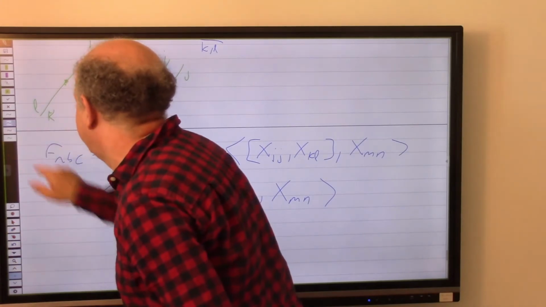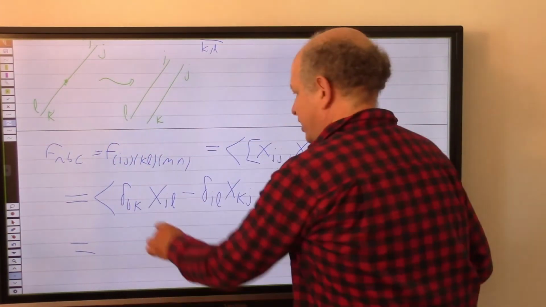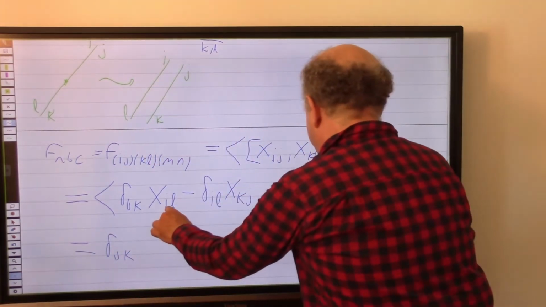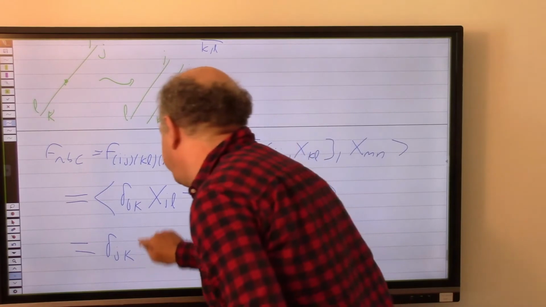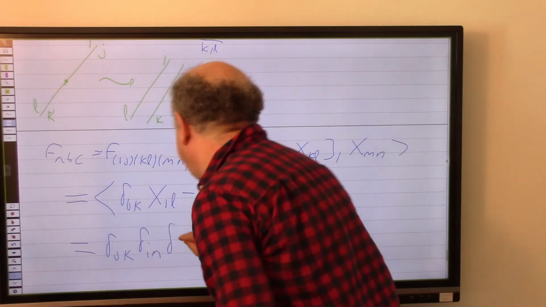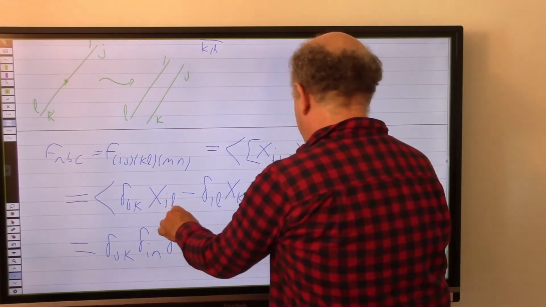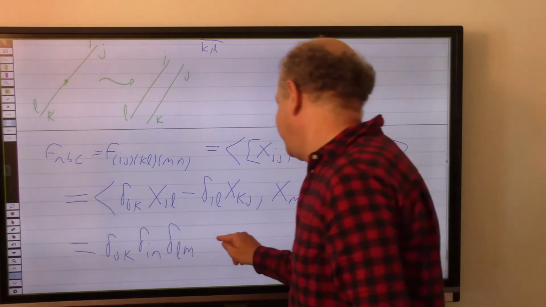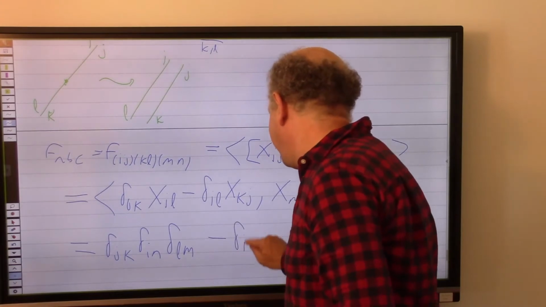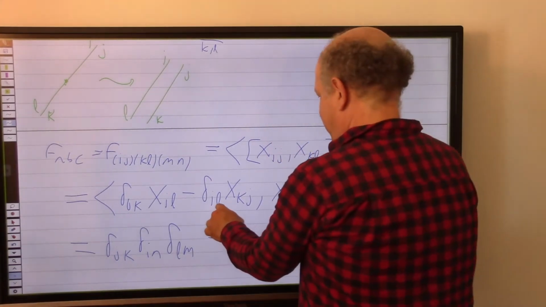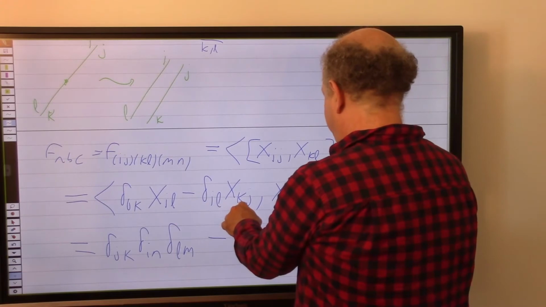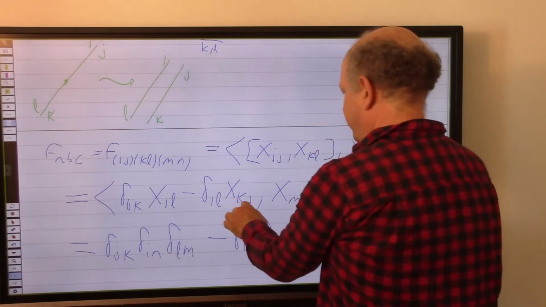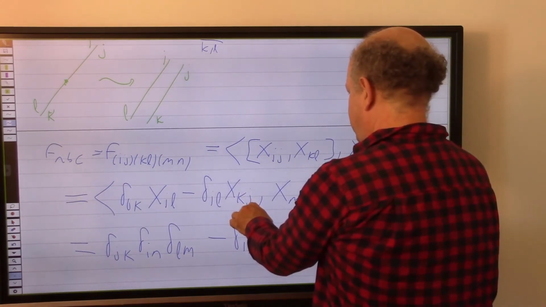So this becomes a sum of two things. Delta_jk and then i with n, so delta_in, delta and then the inner l with m, and minus delta_il and then k with n, delta_kn, delta_jm.